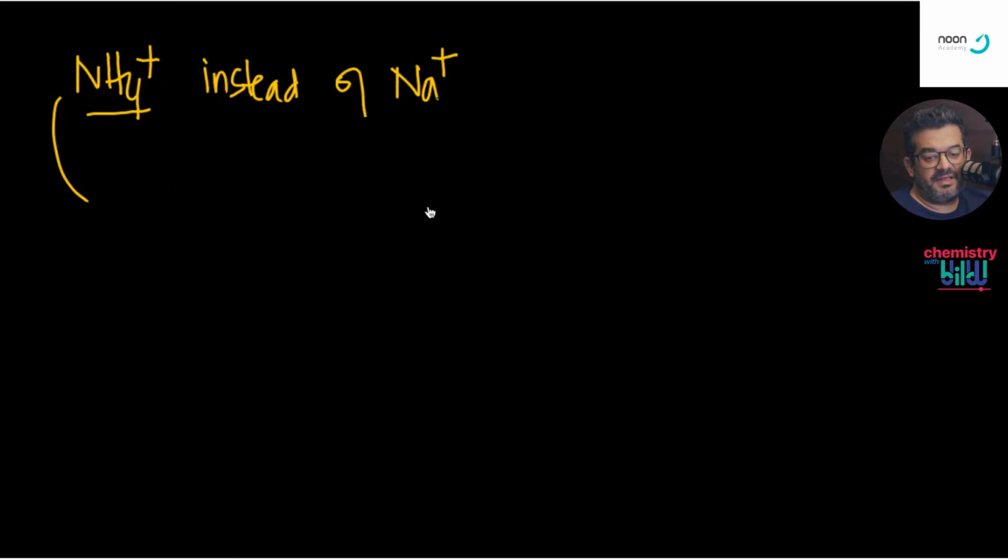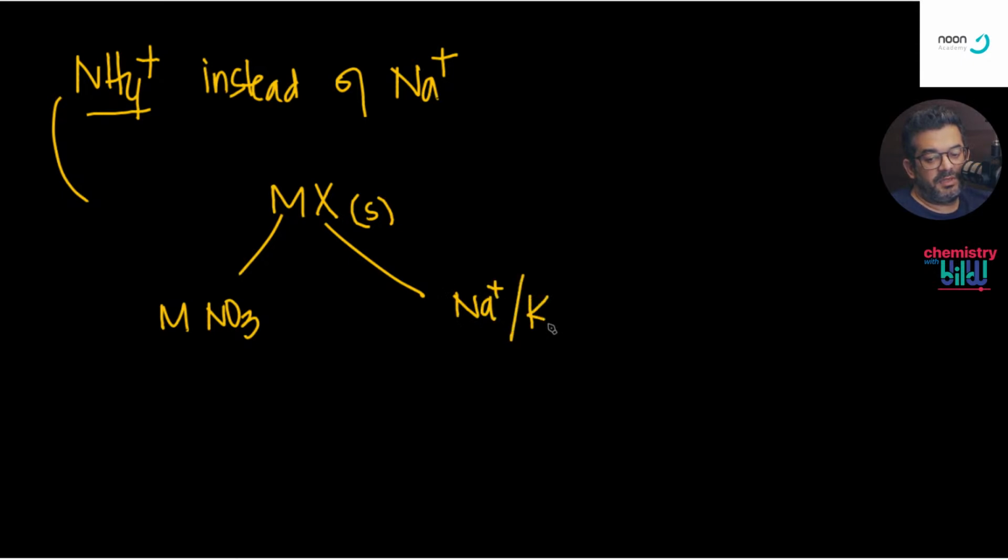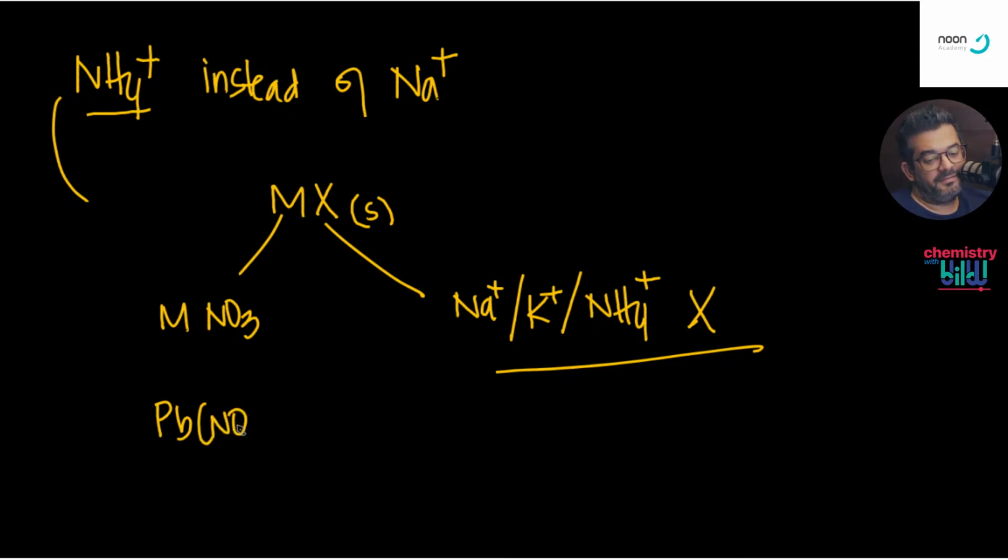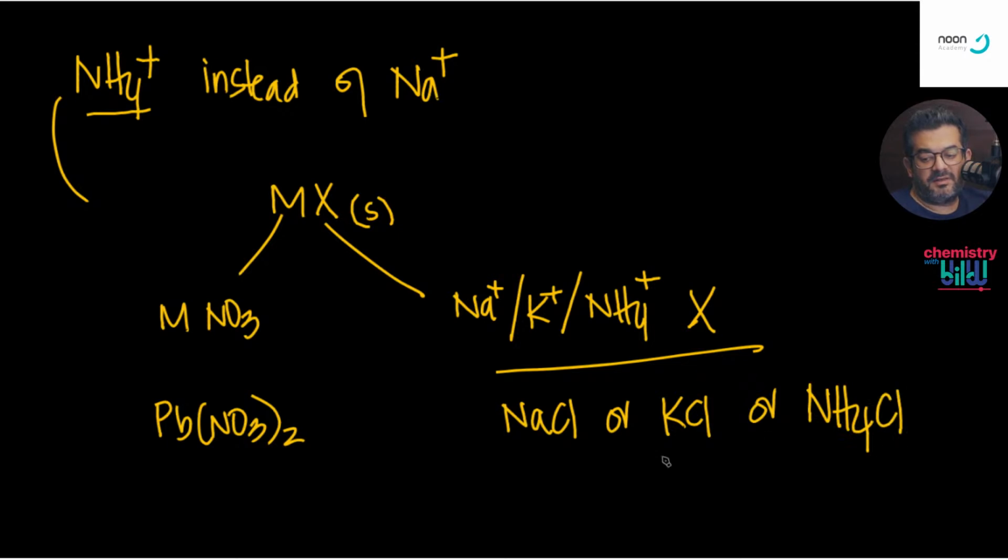So when you want to make an insoluble compound MX, you will take the M ka nitrate version, and you can take the X either in the form of sodium, potassium, or ammonium X. So for lead chloride, you will take lead nitrate, and you can take sodium chloride or potassium chloride or ammonium chloride is what you meant to ask, right?